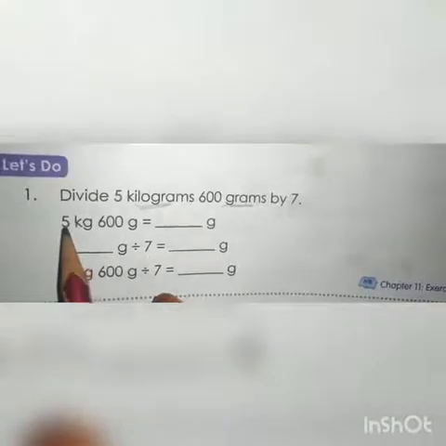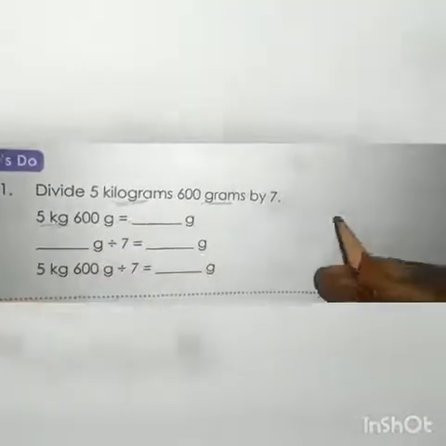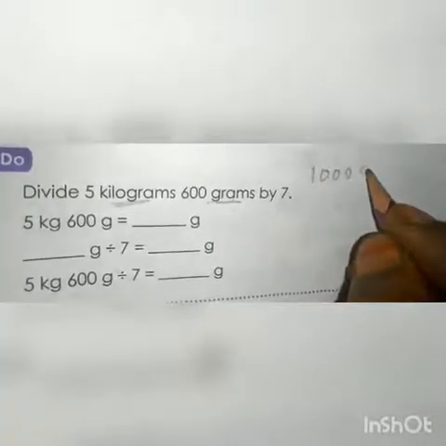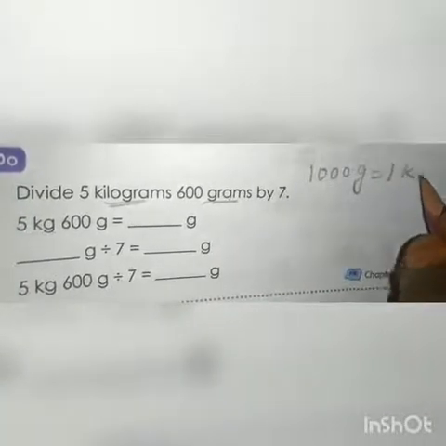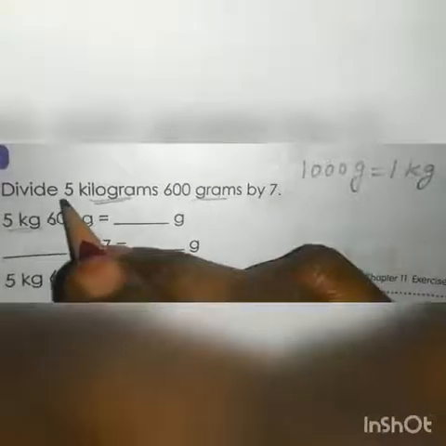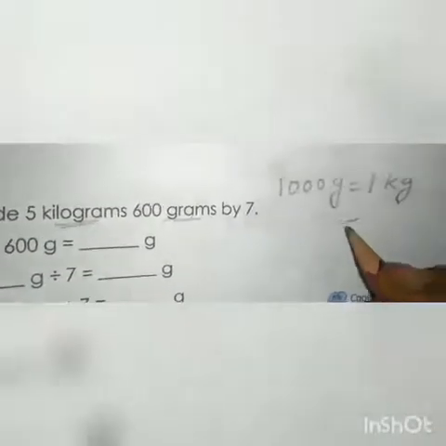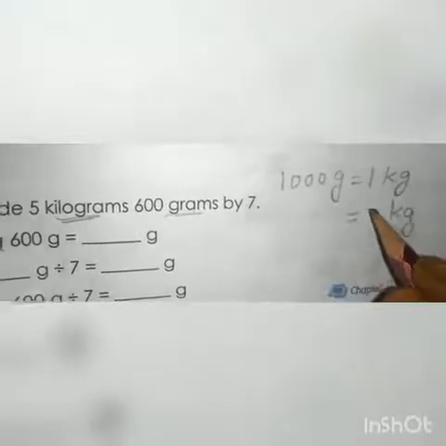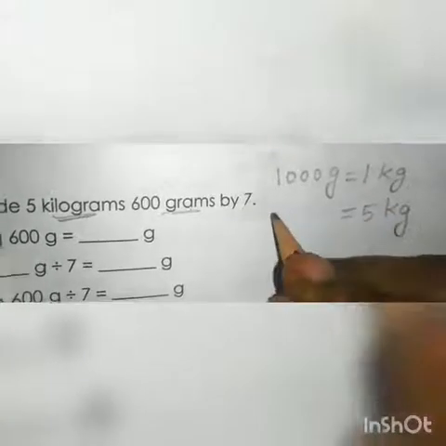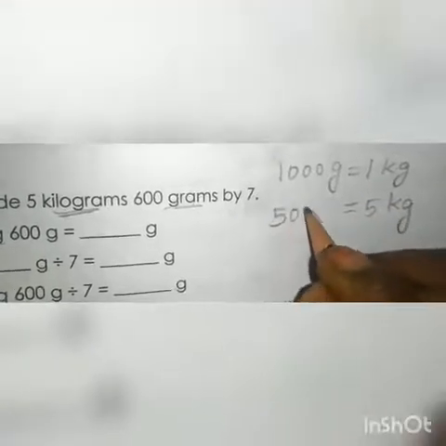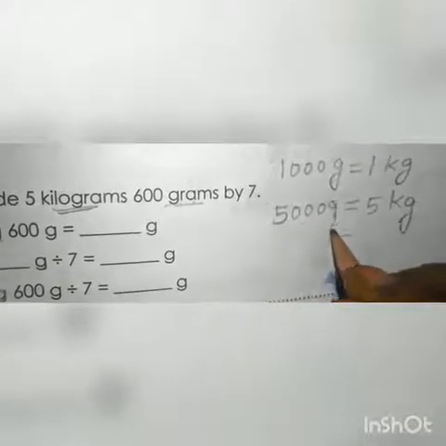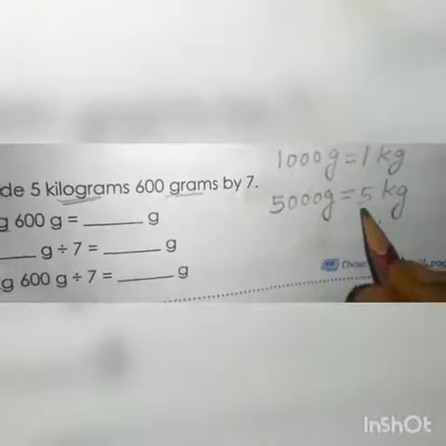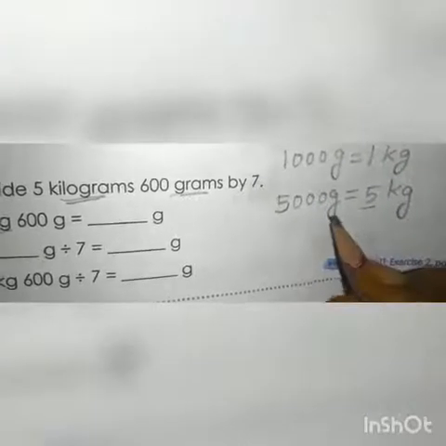Okay, so 5 kilogram is equal to how much? Already we know that 1000 gram is equal to 1 kilogram. Okay, here 5 kilogram is there. So if we take as 5 kilogram, then we will multiply with 5. 1 kilogram is equal to 1000 gram. 5 kilogram is equal to 5000 gram.